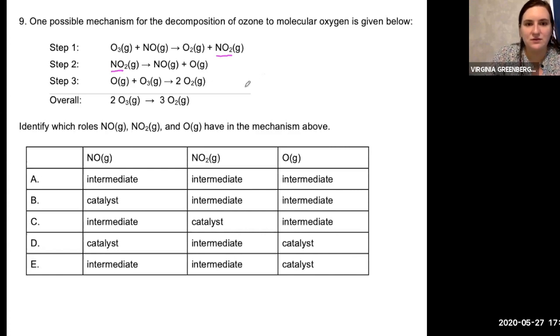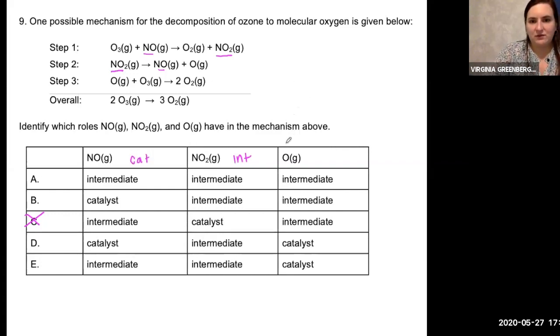So NO2 is going to be an intermediate, so we can rule out option choice C. Then if we continue to look, we can see that in step 1, our NO enters the reaction, but then it's regenerated later. Since it's being used and then made again, it's going to be a catalyst.